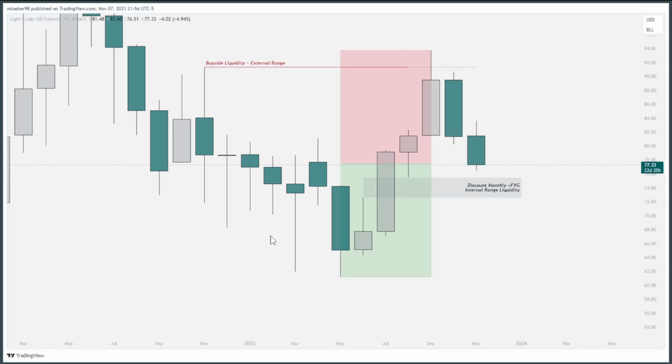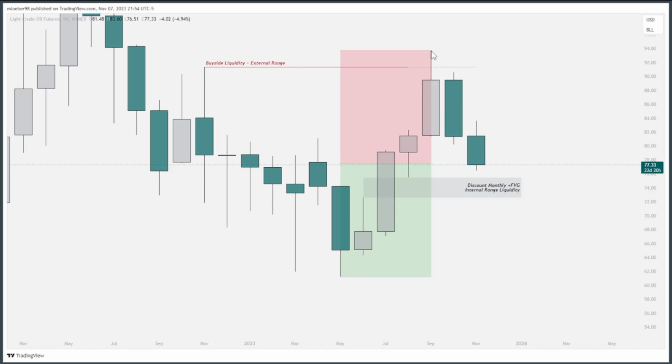Now moving on to the actual chart, we're looking at the monthly for crude oil. As you can see, I measured from the monthly swing low to the monthly swing high that took out buy side external range liquidity. So this is the dealing range that we're working with.